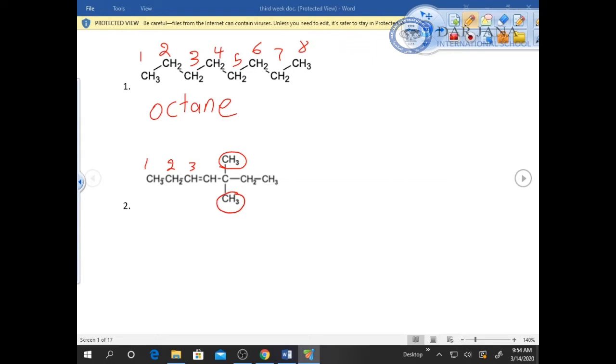So give the double bond the lowest number. So 1, 2, 3, 4, 5, 6, 7. So the name of this molecule is 5,5-dimethyl-3-heptene.